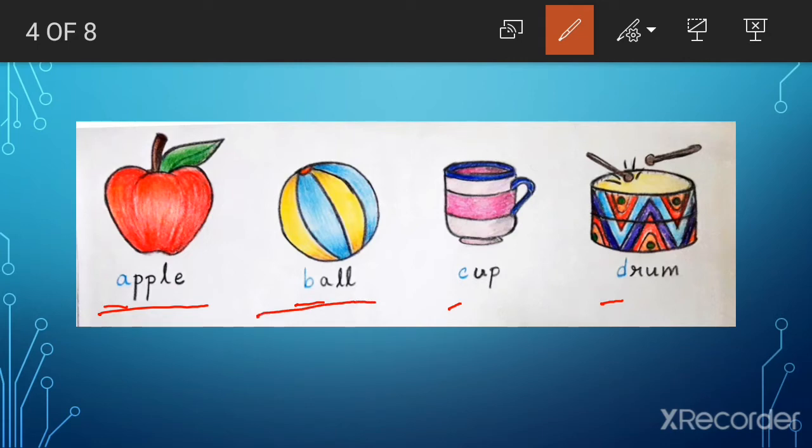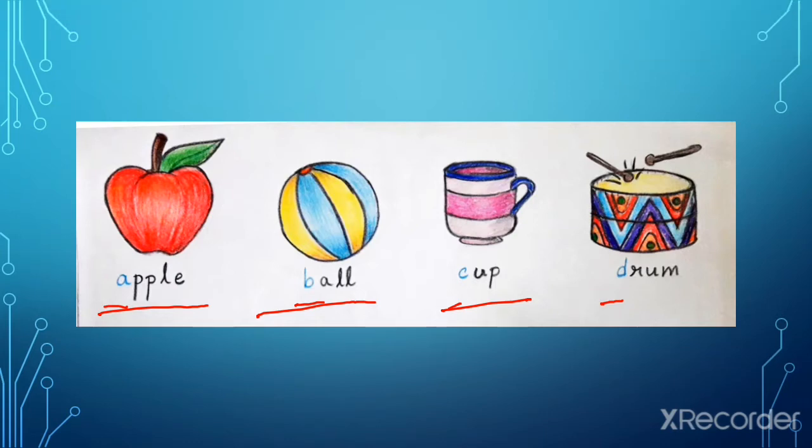B comes before C, so ball comes before cup. C comes before D, so cup comes before drum. Okay.